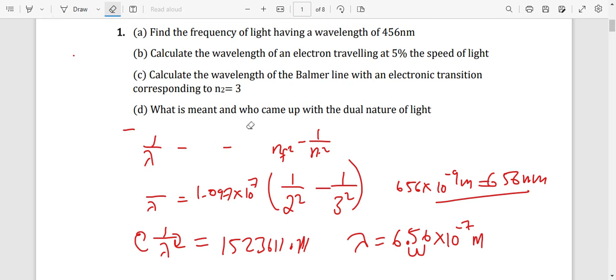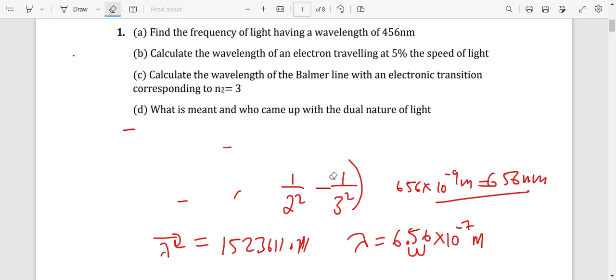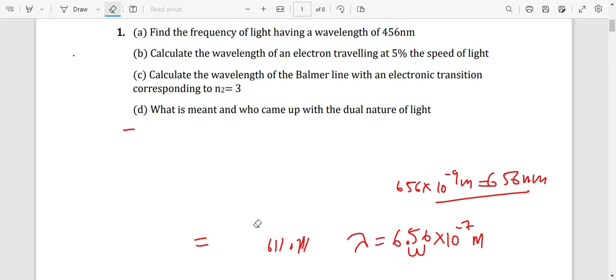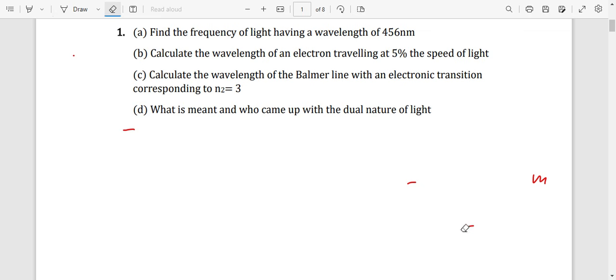Okay, let's answer the next question. You can just tell me what is meant and who came up with the dual nature of light. Do you know the answer?